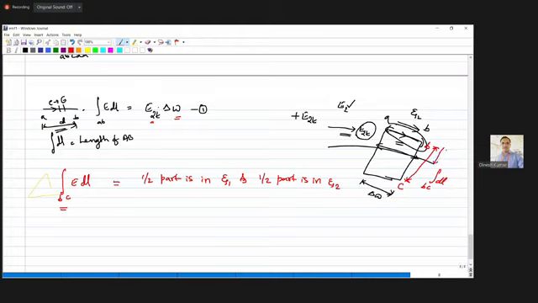Half of it is present in epsilon 2, that is delta H by 2, and the remaining half is present in the first dielectric medium, epsilon 1, of delta H by 2. So we have to keep this point in our mind, and later we have to come back. See here, this is the boundary and this is the line B and C. Half is present in epsilon 1, this is delta H by 2.